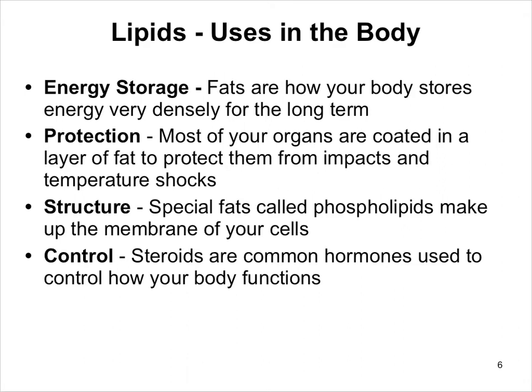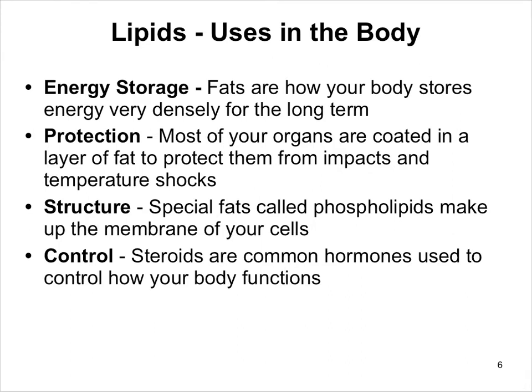Fat is insulating, right? It holds in heat, and it also holds out heat. But for your body, mostly it's going to hold in heat so that when you step outdoors in January, you don't just freeze to death, right? That fat layer around your organs and underneath your skin is going to prevent heat from leaving your body too quickly.